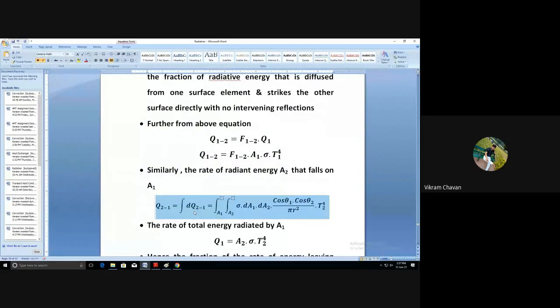Okay, and the dq2 to 1 we have considered, I think, in equation number 2, and by considering that equation and taking the integration over the surface areas a1 and a2 with the value sigma multiplied by dA1 multiplied by dA2 multiplied by cos theta 1 multiplied by cos theta 2 divided by pi r square multiplied by t2 raised to 4.